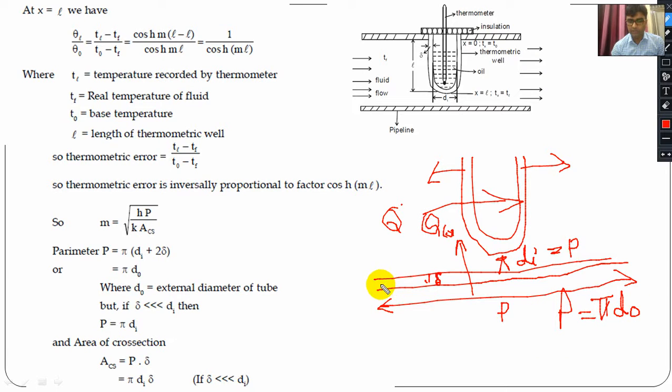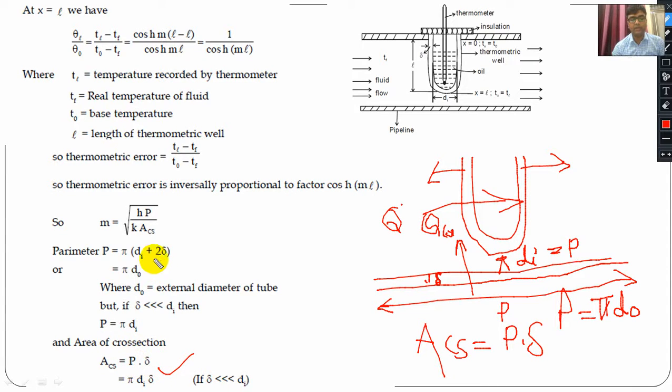So if you are considering the area of cross section, because this is the area of cross section, the area of cross section we can write as the perimeter, this particular length, multiplied by del. Clear? This particular length is multiplied by del, so you can say this is the area of cross section, which I am writing over there. So this is p into del.